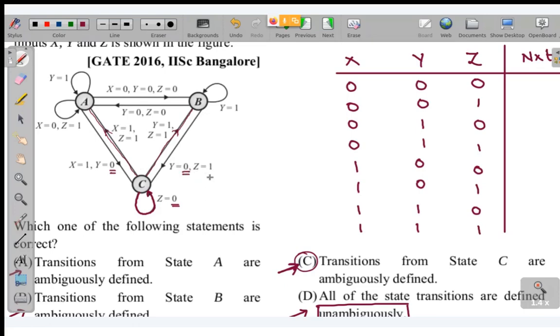So here y is 0, here z is 1, but, and here y is 0 but x is 1. So I will take into consideration this place. So this will go to C, because we don't know anything about x, y, so it can be 0 0. So we will take it as C. Now look, z is 1. So z is 1 only at this place. In no other place do you have z equal to 1.